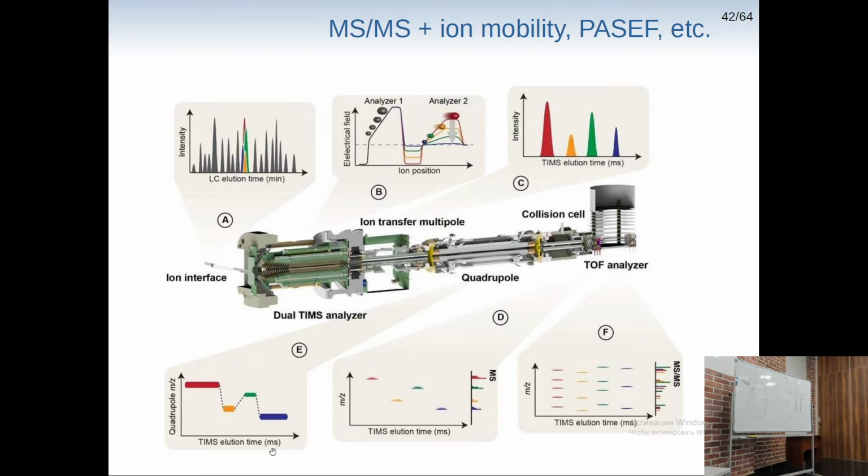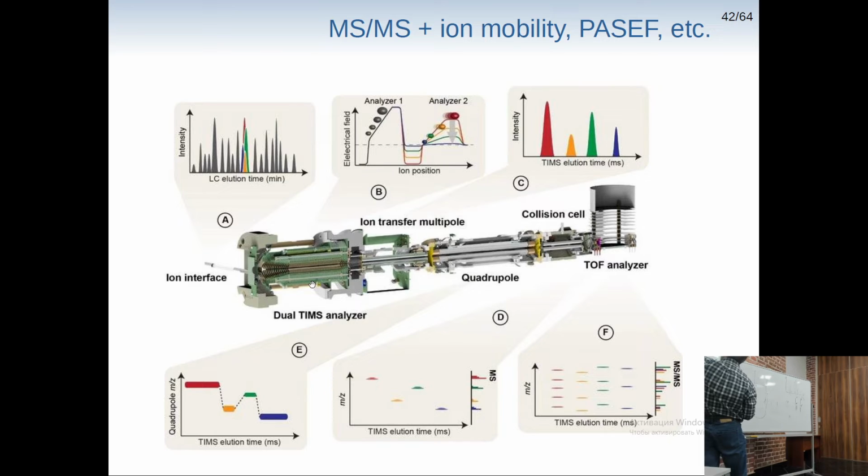During analysis, everything that comes from the column will be lost, right? What they've done, it's quite an idea, is that all the ions for a short time will be accumulated here. Even if your chromatographic peak is not big enough, since it is a time when everything is accumulated in this part of the mass spectrometer, you will not lose it, right? And after it, it will get to the mass spectrometer and get analyzed.